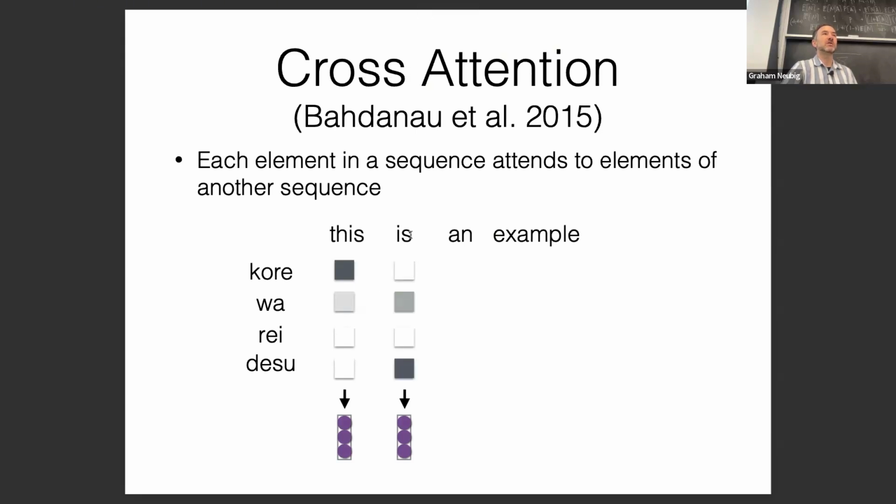And then when we generate the word is, we would want to attend mostly to the Japanese word for is, which is this one. If we're generating a word that doesn't really correspond to any word in Japanese, for example, we would maybe attend more generally to the whole sentence and generate based on the previous words. And then we would do it again for the word example.